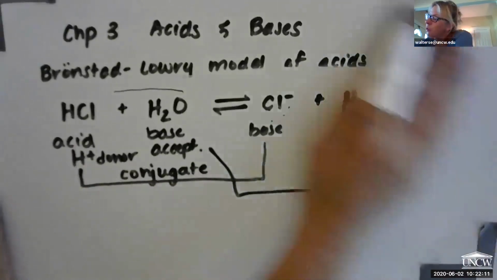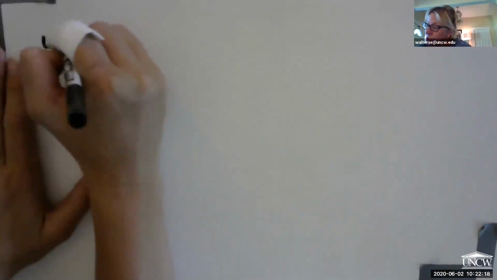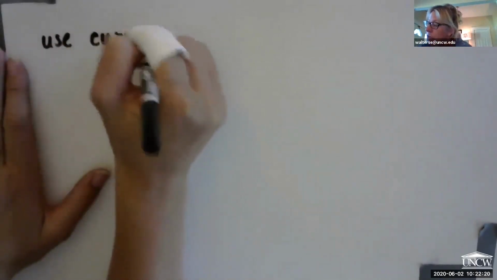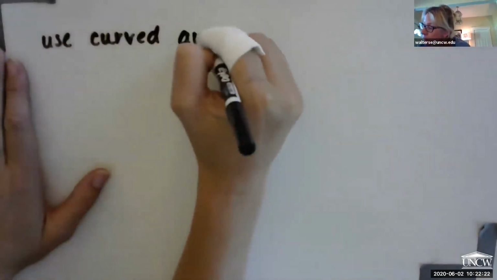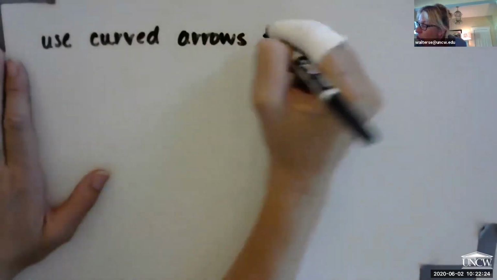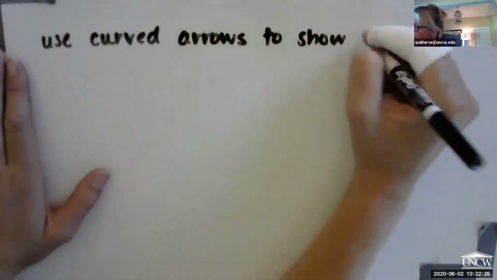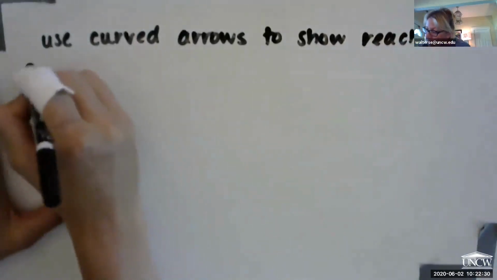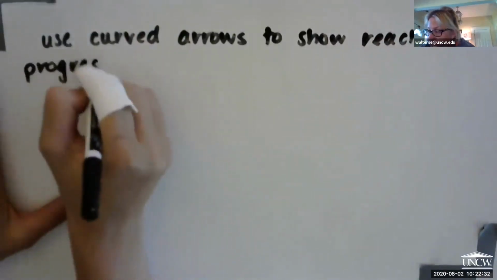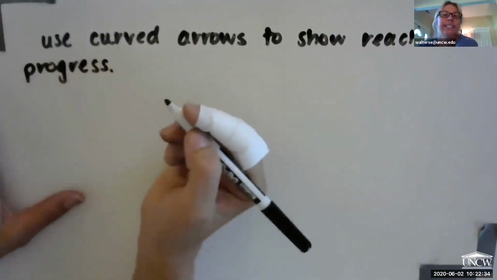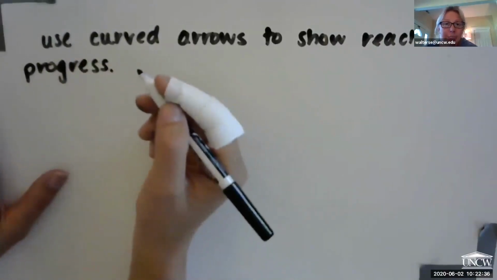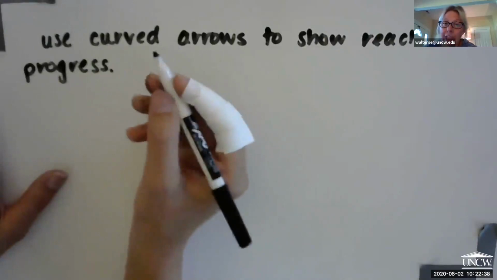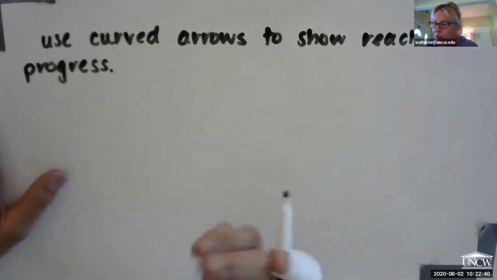So what we're going to do now is we're going to start to use curved arrows to show reaction progress. Now it's going to be easier if you consider the electrons to be particles at this point, not waves, so that they can kind of like do a job.